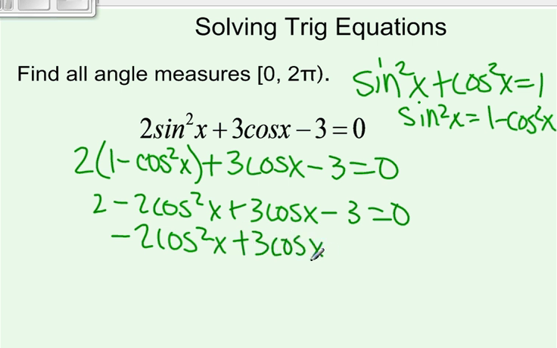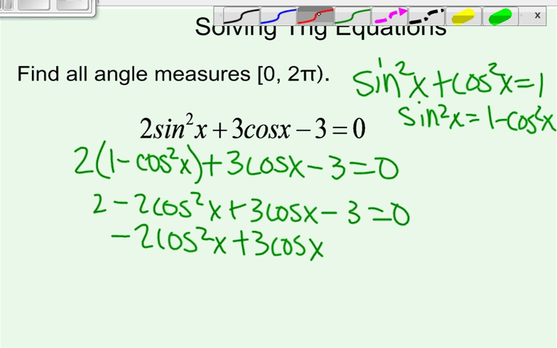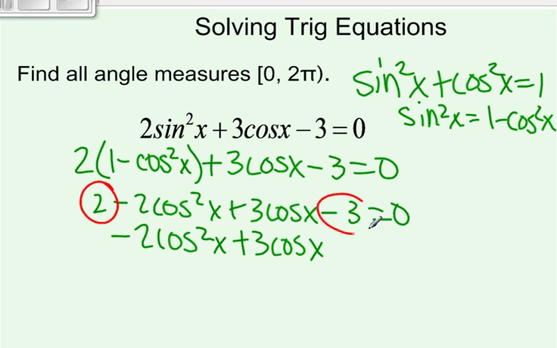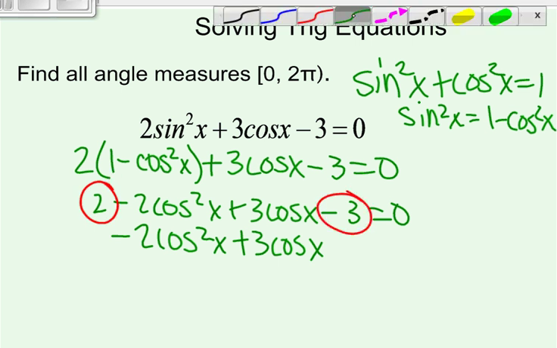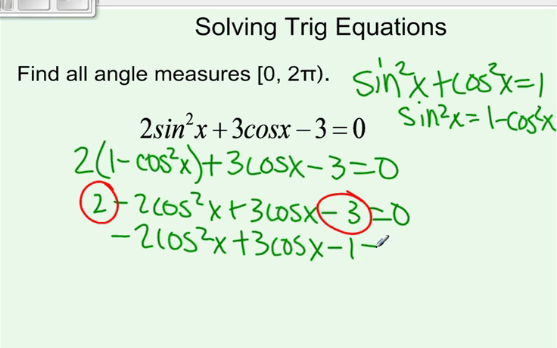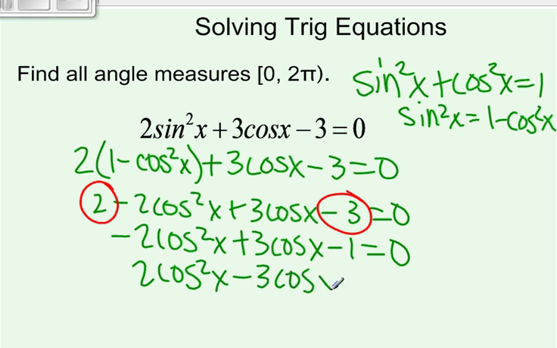I have a positive 2 and a negative 3, so when I combine those two, I'm going to get a negative 1. I do not like my first term to be negative personally, so I'm going to divide everything by negative 1 on both sides, and 0 divided by negative 1 is just 0, so that's why 0 doesn't change. We're going to get 2 cosine squared of x minus 3 cosine of x plus 1 equals 0.